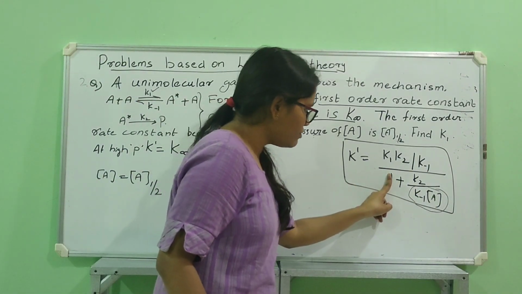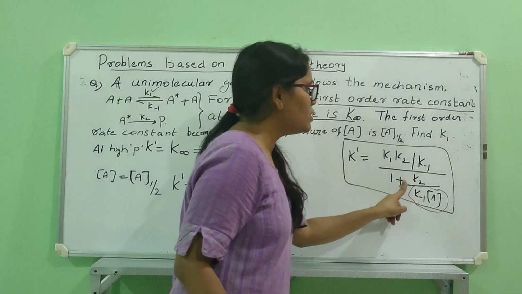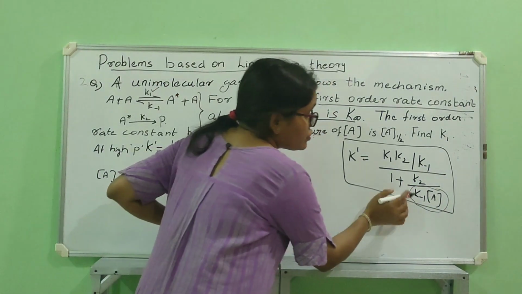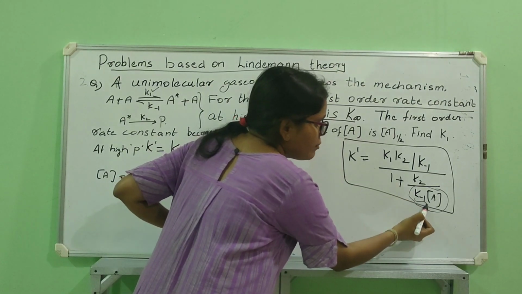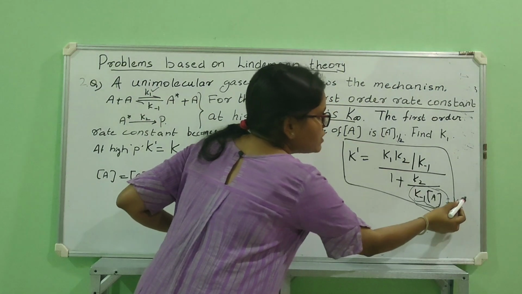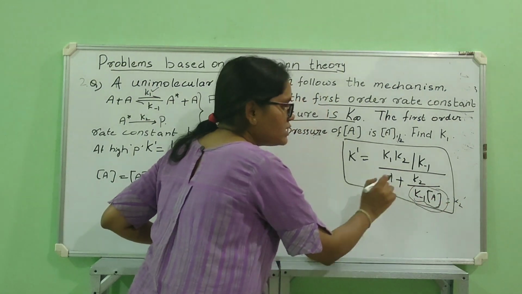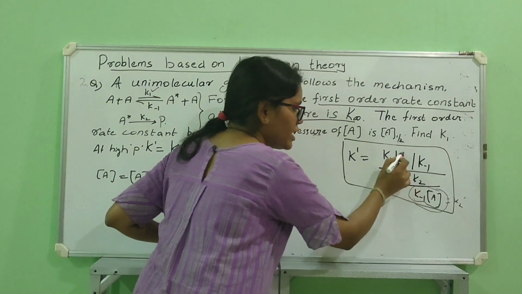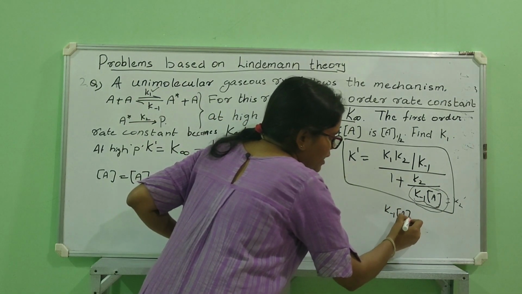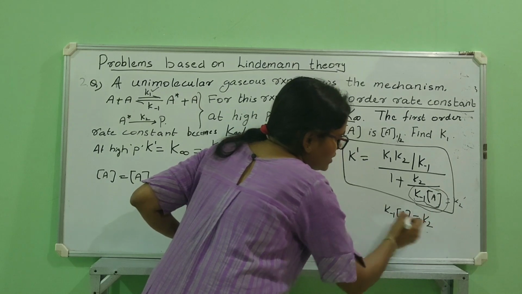Here you already have 1, so this should become equal to 1. So 1 plus 1 becomes 2. For this to become 2, this K minus 1 A should be equal to K2. If this becomes equal to K2, K2 will get cancelled and we will get 1 plus 1, 2, K infinity by 2. So K minus 1 A should be equal to K2, right?